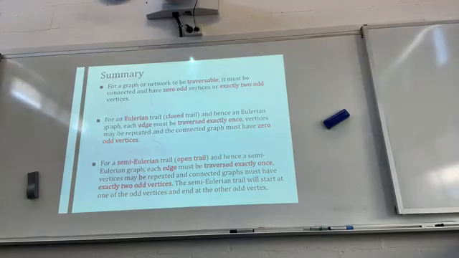Vertices may be repeated, and the connected graph must have 0 odd vertices. Semi-Eulerian, or an open trail, means each edge must be traversed exactly once. Vertices may be repeated, and connected graphs must have exactly 2 odd vertices. The semi-Eulerian trail will always start at one of the odd vertices and end at the other odd vertex.